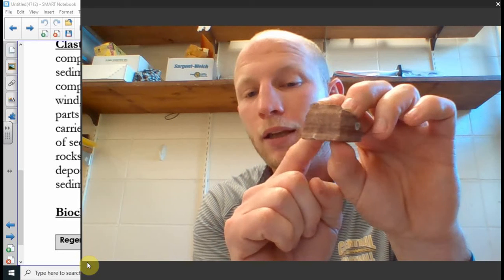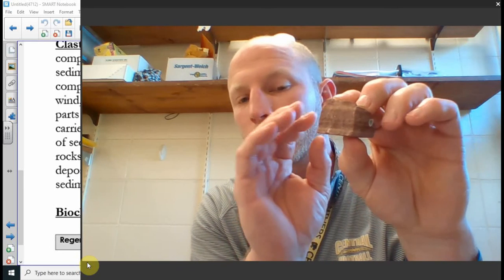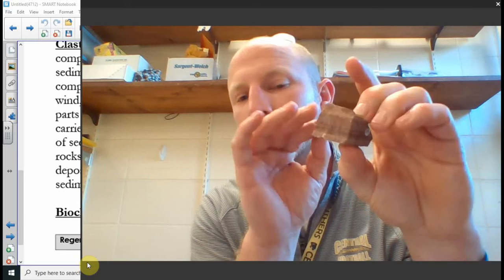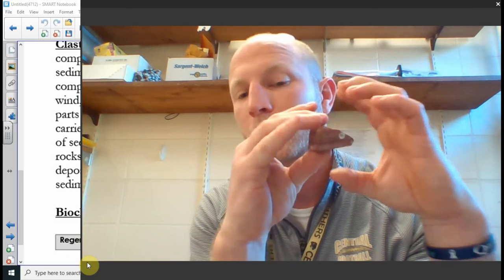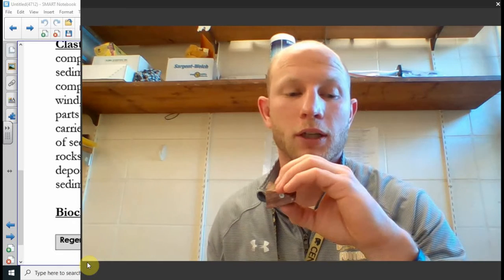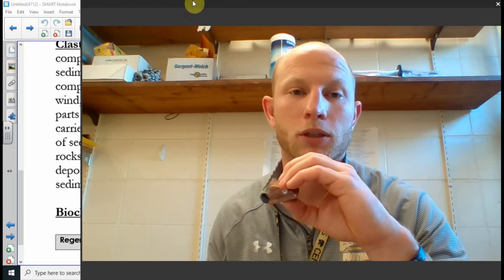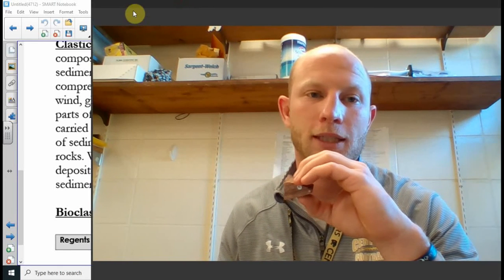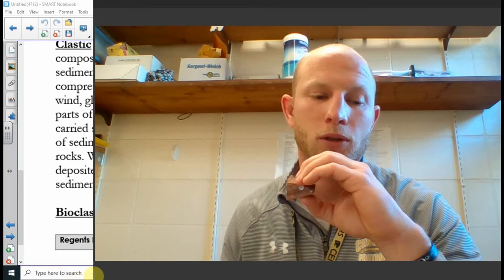And this is sand. But it just took millions of years for this cementation and compaction to happen to now make this into a sandstone. So the particle size for this is sand, and you'll see that on your paper when we start talking about your homework. You'll see what particle size they designate sand with. It's pretty small.